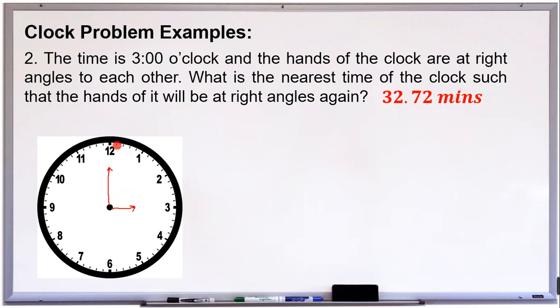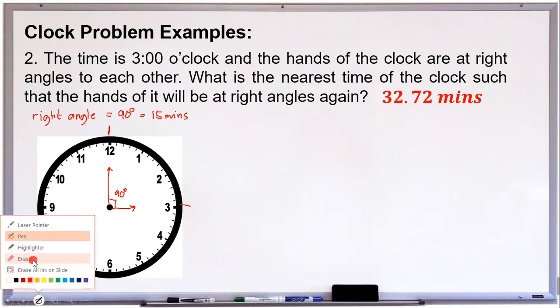Notice this is our right angle. This is 90 degrees. The equivalent of this angle in terms of minutes is 5, 10, 15. So for a right angle, that is equal to 90 degrees, that is also equal to 15 minutes.